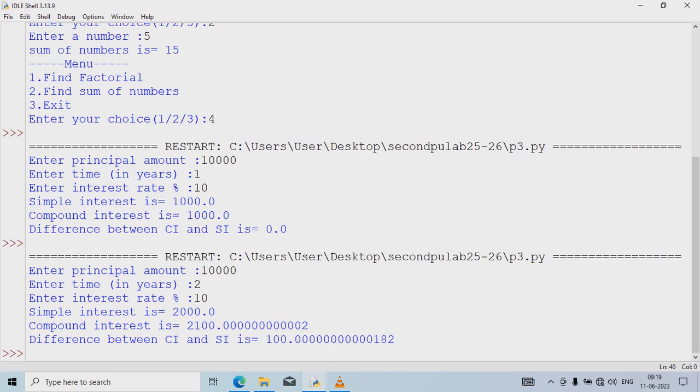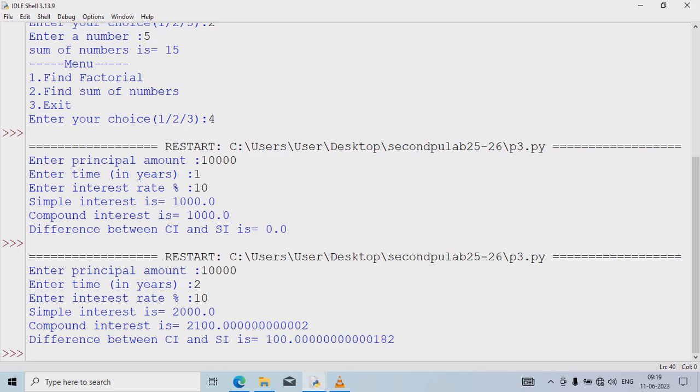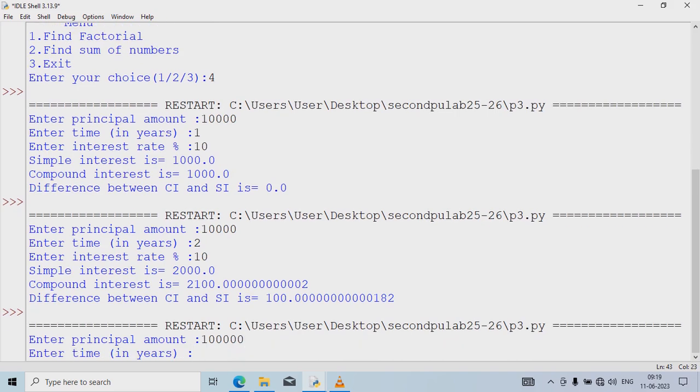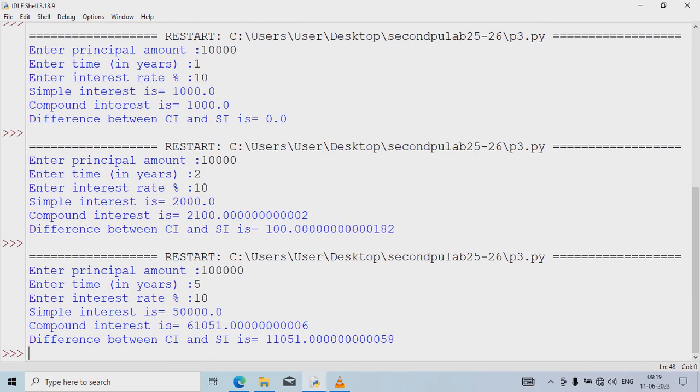If you keep a larger amount, for example 1 lakh for 5 years, the interest rate is the same 10%. The difference, see here. In a simple interest rate, if you keep the amount in bank for 5 years, you are getting only 50,000.